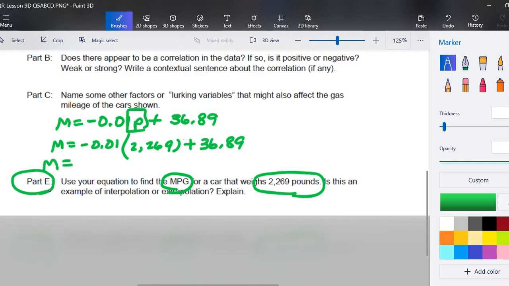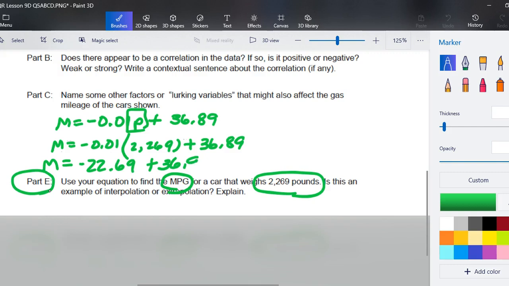I'm going to grab the calculator. I'm going to punch in 0.01, call it negative, and then times 2,269, and let me try that again, 0.01 times 2,269. I like that number better. It didn't look reasonable. So I'm getting a negative 22 and 69 hundredths.